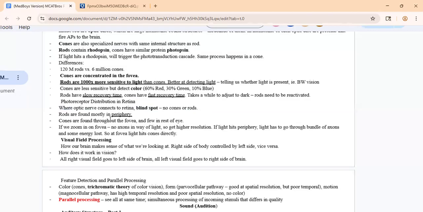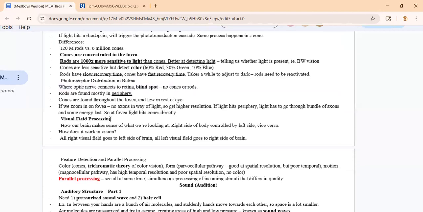And rods are mostly found in the periphery. So rods, periphery, cones, fovea. And there are so many more rods than cones. There's about 120 million rods and about 6 million cones.